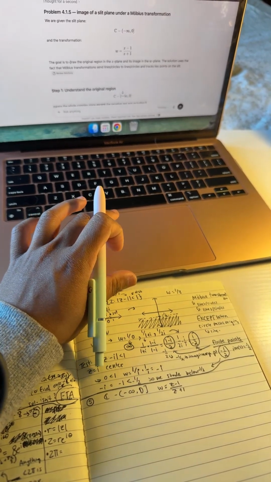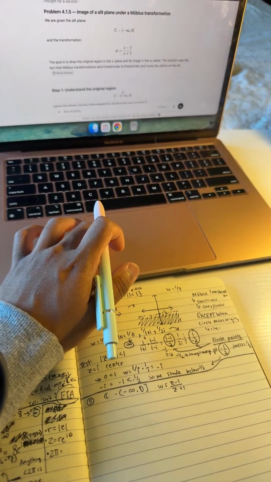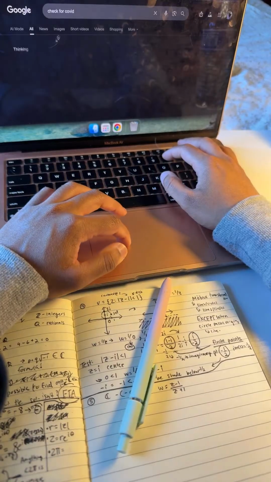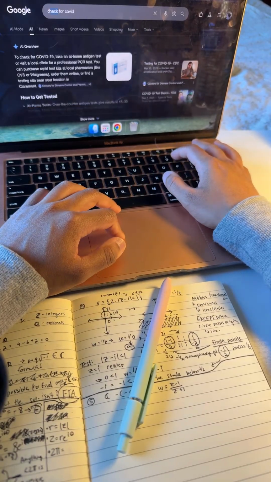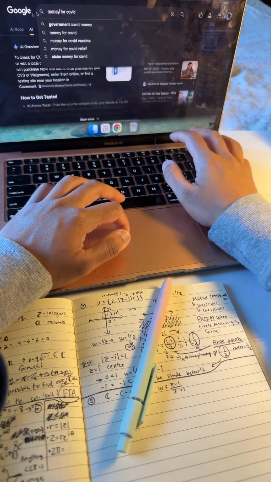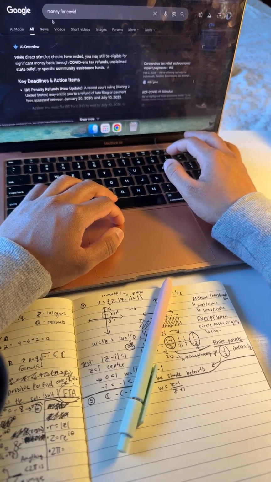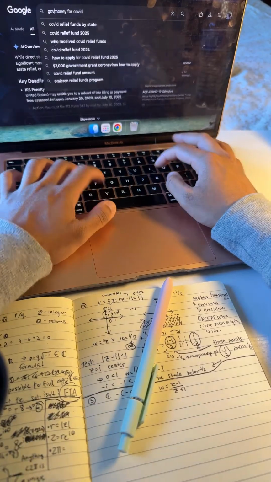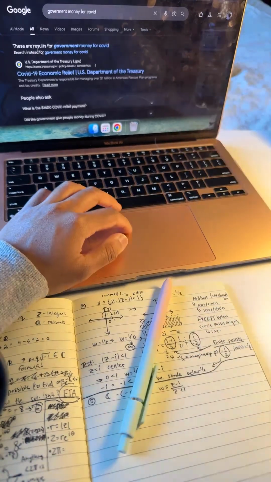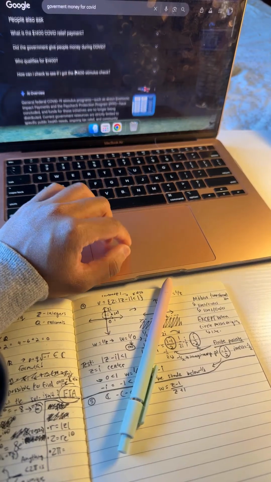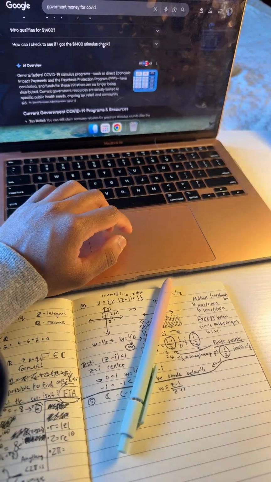I forgot what the term was. What was the government money thing called? Relief payment, right? Stimulus check, that's what it was. Yeah, stimulus check.